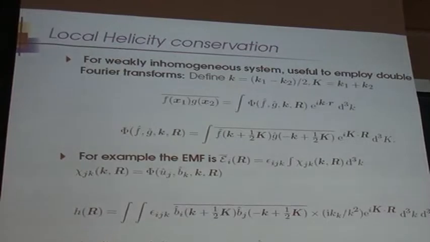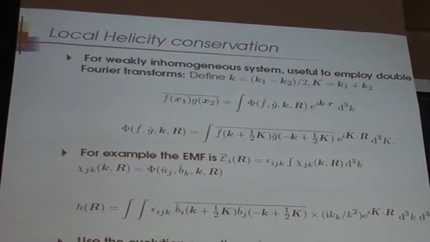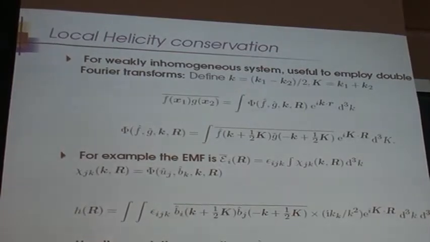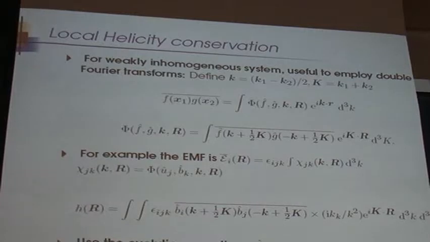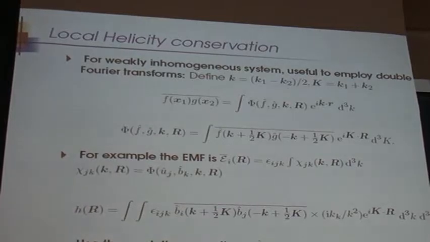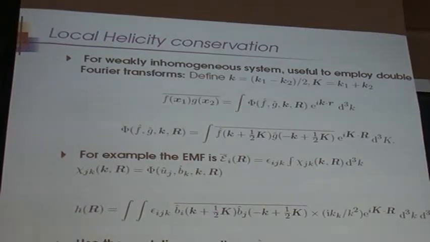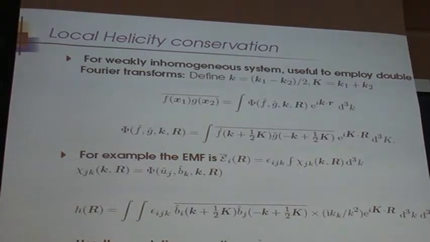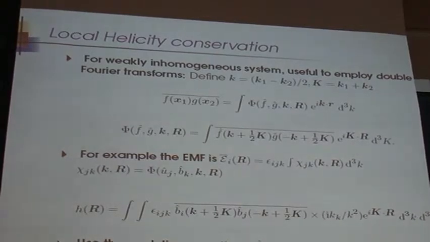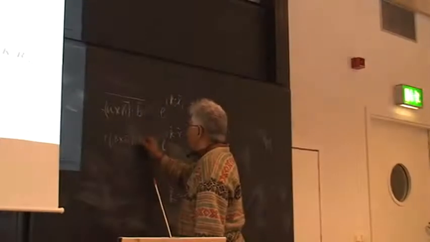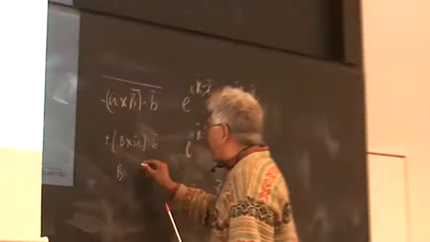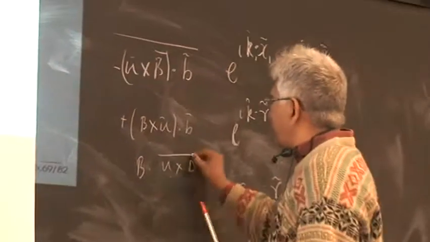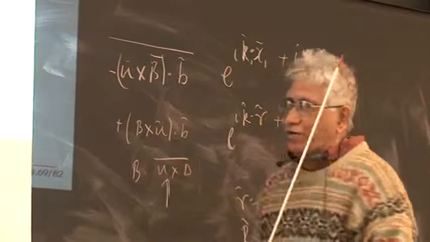And that you can rearrange: if you look at minus u cross b bar dot small b, an average of this, you can write it as plus b cross u dot b bar, and then as b bar dot u cross b, and this is nothing but the electromotive force.